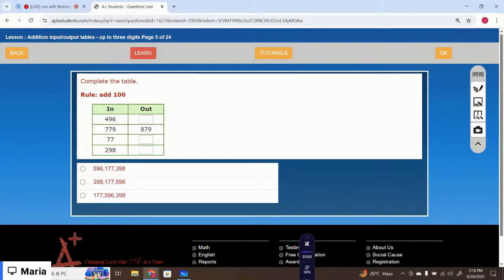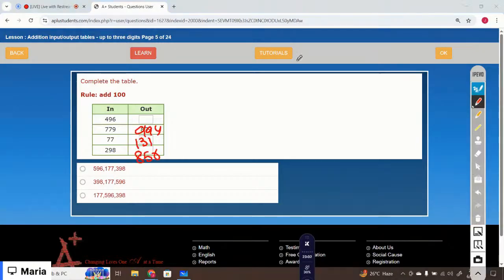So complete the table. Add 100. That is 496 plus 100 is 596. 77 plus 100 is 177. 298 plus 100 is 398.